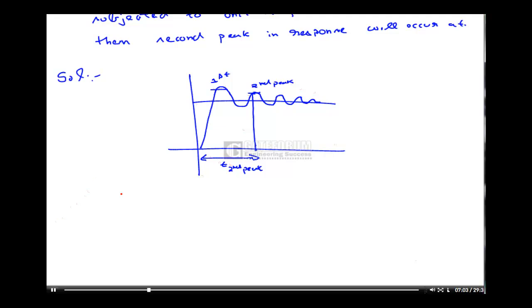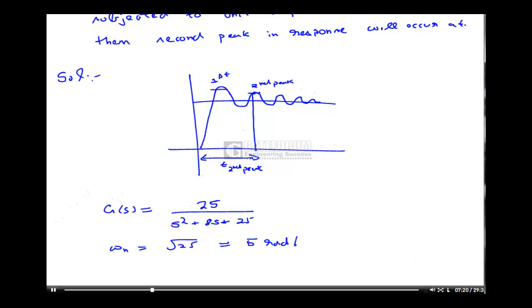Now G(s) equal to 25 upon s square plus 8s plus 25. From this, omega n is equal to root 25, which is equal to 5 radians per second.